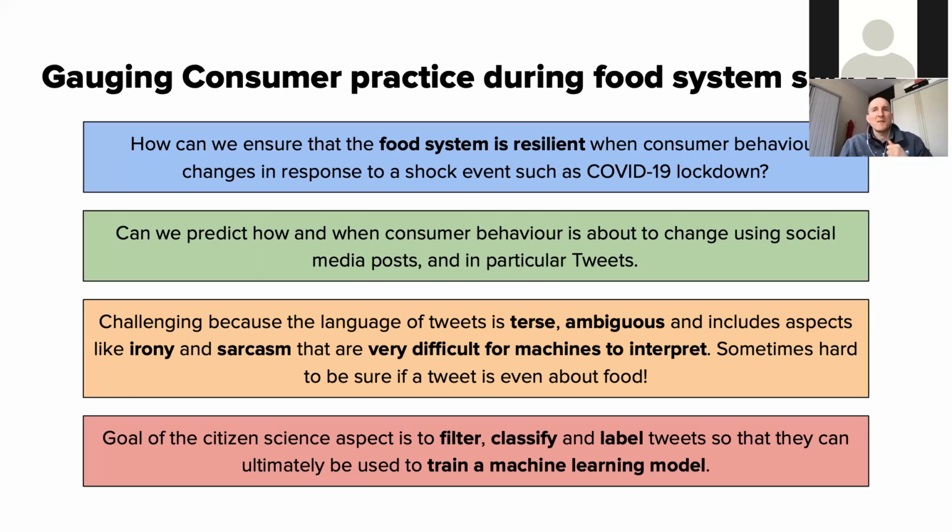Is it talking about the process of cooking food to ensure it's healthy and things like that? And then finally label the parts of the text that pertain to that particular activity. And ultimately, potentially not in the scope of this pilot project, these are the types of labels that could be used to train a machine learning model that would understand these tweets really well.